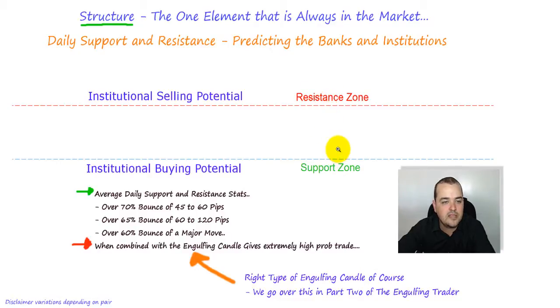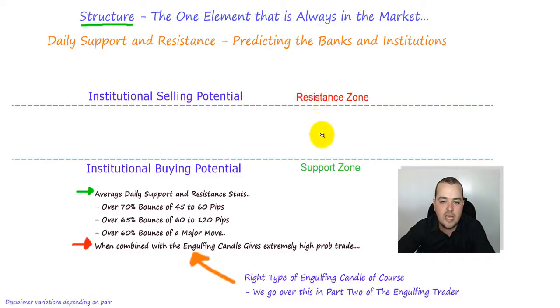And they basically think, if price gets back up there, I'm going to sell. And when price gets back up there again, they sell. So it becomes a little bit of a self-fulfilling prophecy. And that's why often you'll get double taps or triple taps or even quadruple taps in the Forex market.